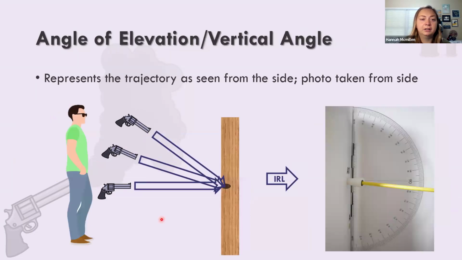Then for our angle of elevation, or our vertical angle, how was the suspect holding the firearm, at what angle, to cause that bullet defect? In real life, this is again where we see our trajectory rod and we hold our protractor off to the side.